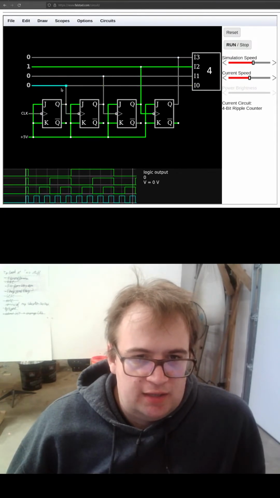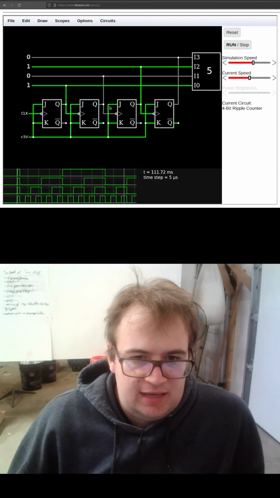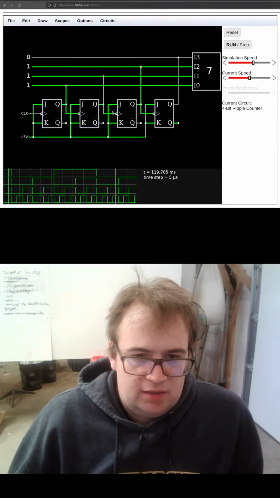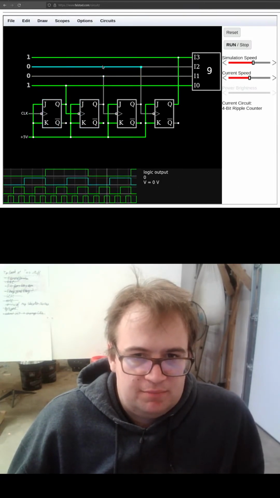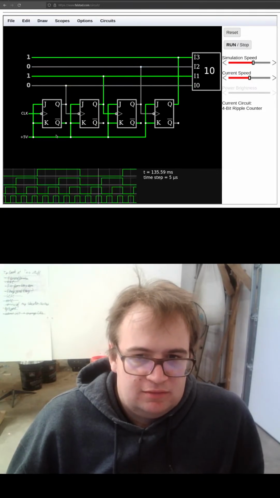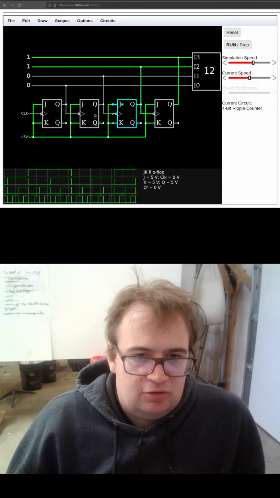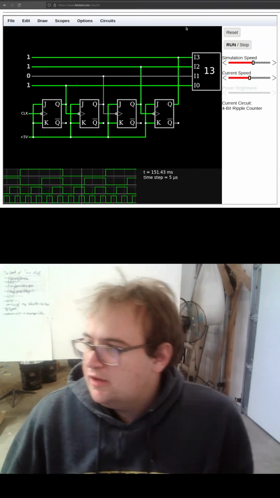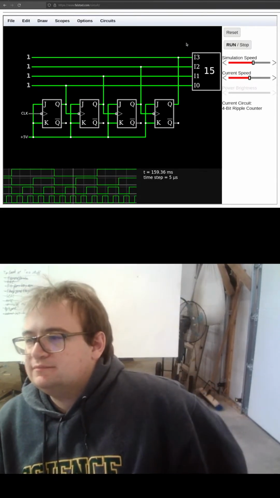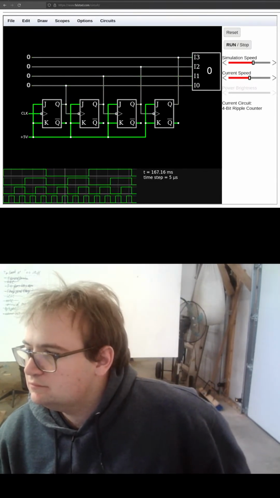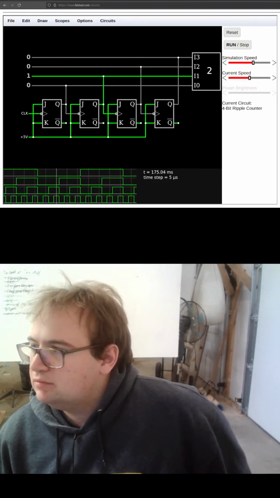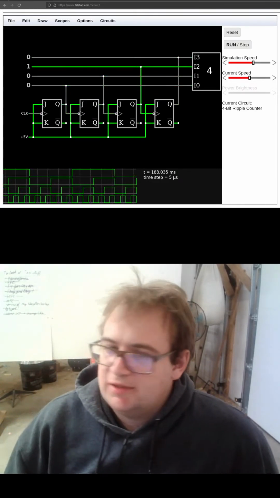Then it goes 1. Then it clocks this again, which flips this one to 1 up here. And it just runs all over down the line. So, I think that is pretty cool.